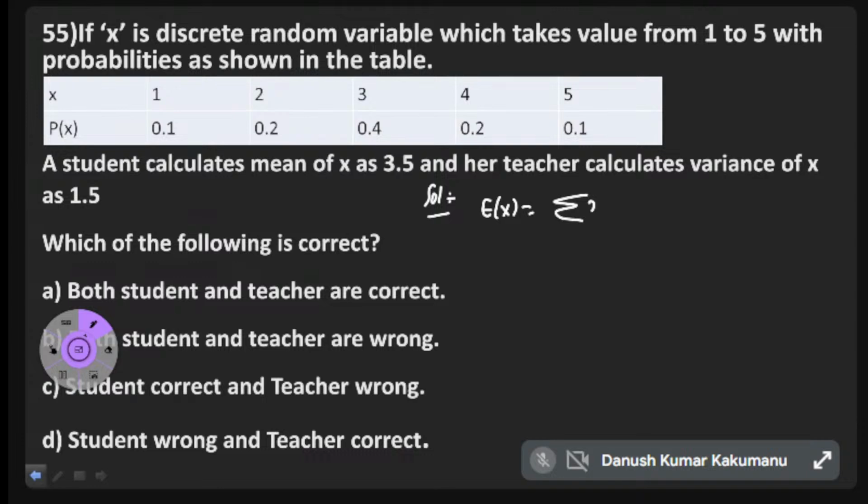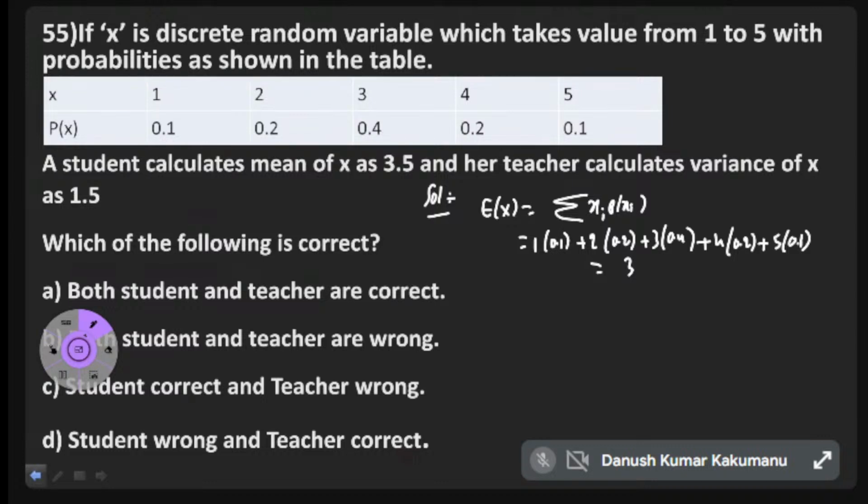Summation xi into p of xi. 1 into 0.1, 2 into 0.2, 3 into 0.4, 4 into 0.2, 5 into 0.1. What is this answer? Student calculated how much? 3.5. But this is what? 3. Means student wrong. Yes or no?